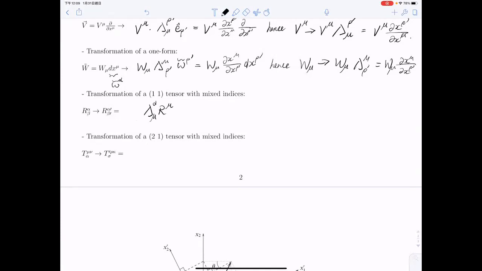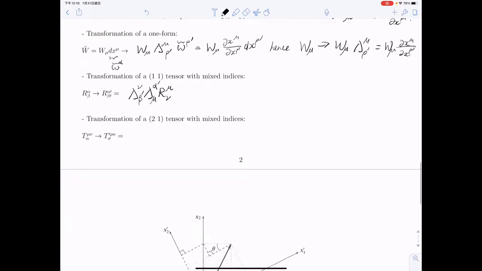For the subscript beta, I use mu, and an inverse coordinate transformation matrix with subscript beta prime. So the transformation of a 2-1 tensor would be like T mu nu alpha.